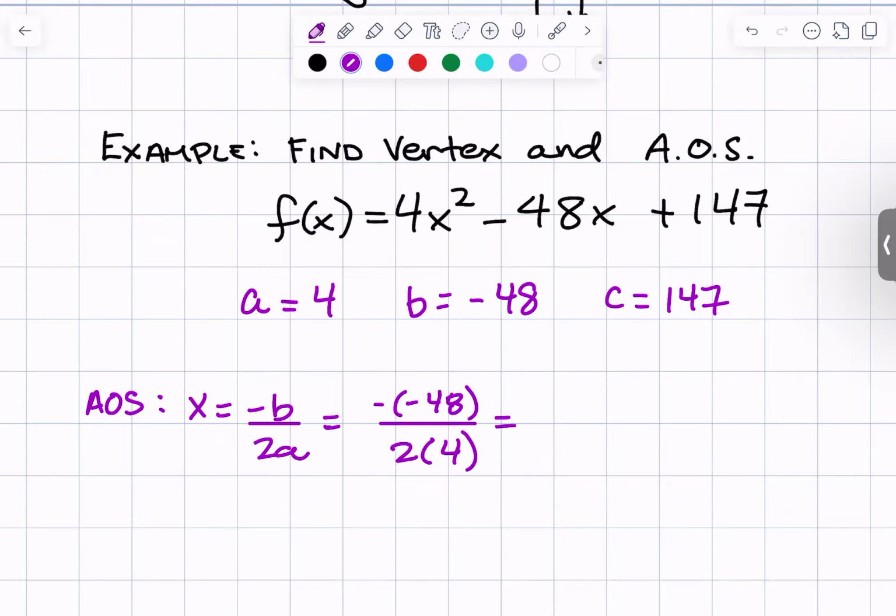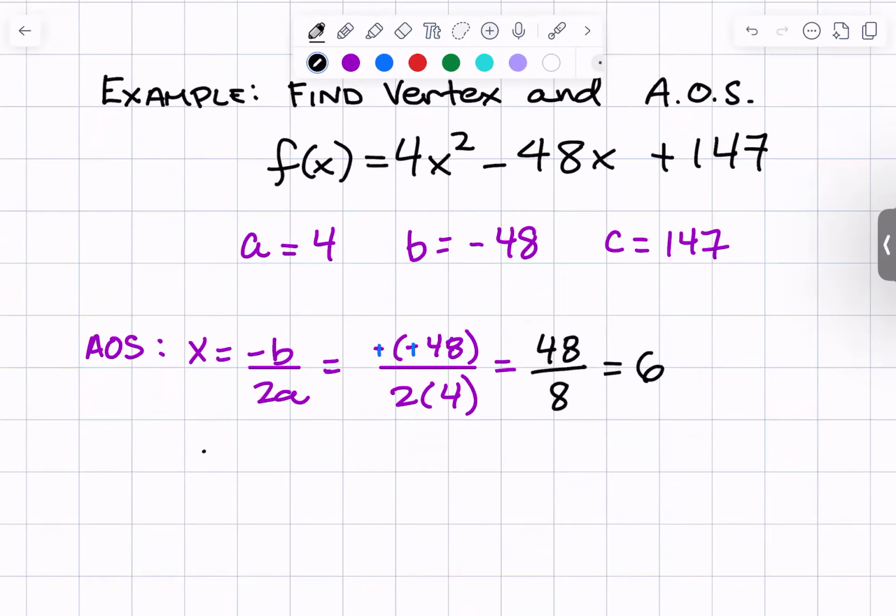Simplifying this, negative times a negative is a positive, so it's positive 48 over 8, which is equal to 6. So my axis of symmetry is going to be x equals 6.